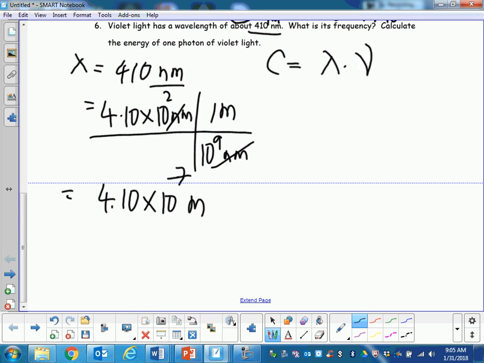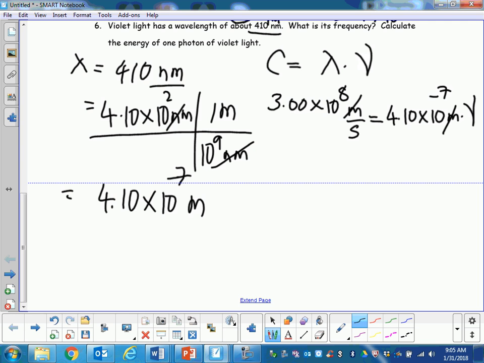Now I'm ready to substitute in this equation: 3.0 times 10 to the 8, this is meters per second, and my wavelength is 4.10 times 10 to the -7 in meters. I'm solving for frequency. Meter will cancel, and 1 over seconds is frequency. So you divide both sides.